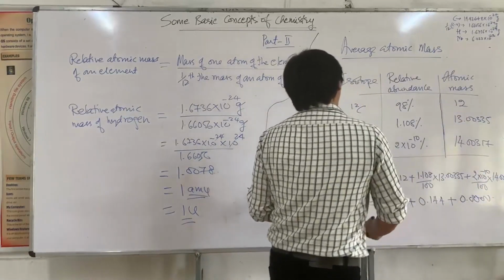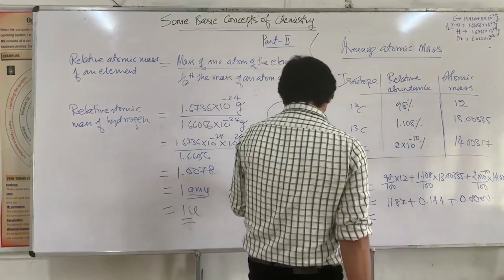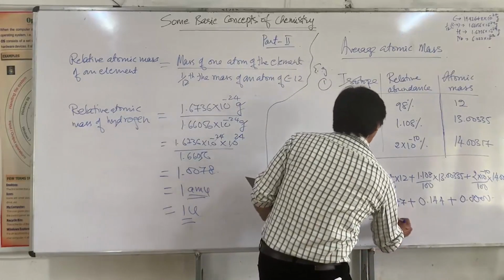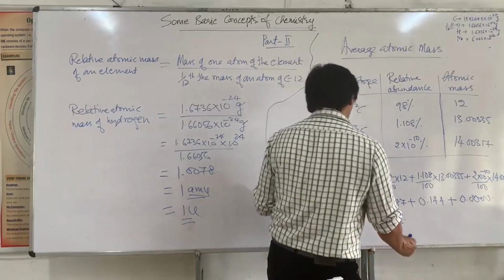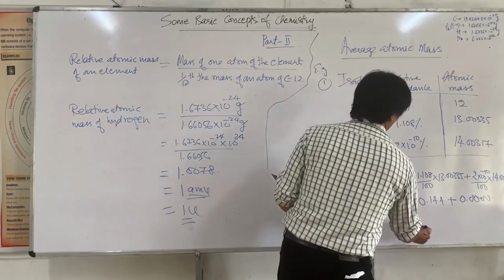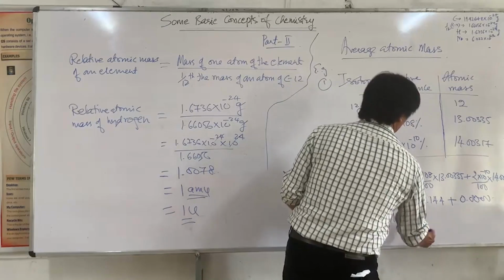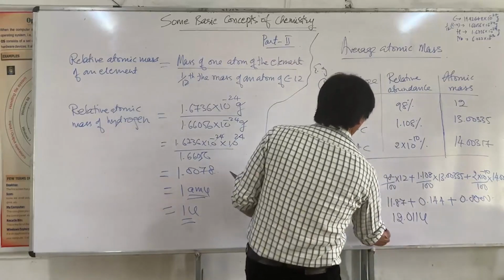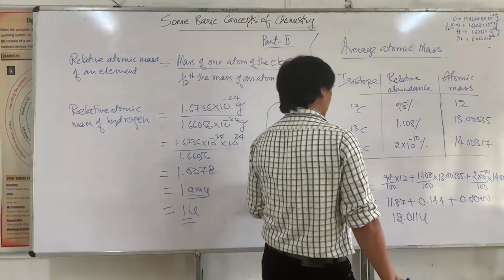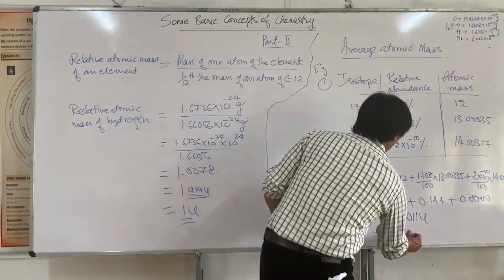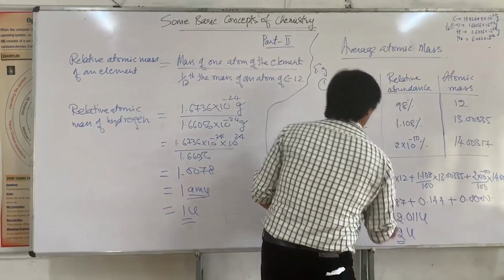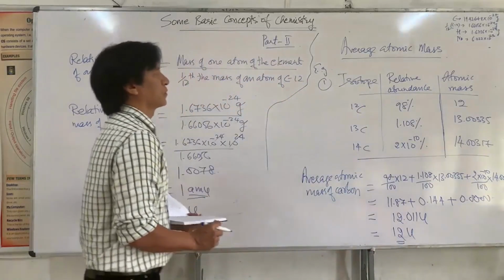Finally, when you add up all these, you get 12.011 u, that is unified mass, as I told you. We generally say that the atomic mass of carbon is approximately 12 unified mass. This is the meaning of average atomic mass.